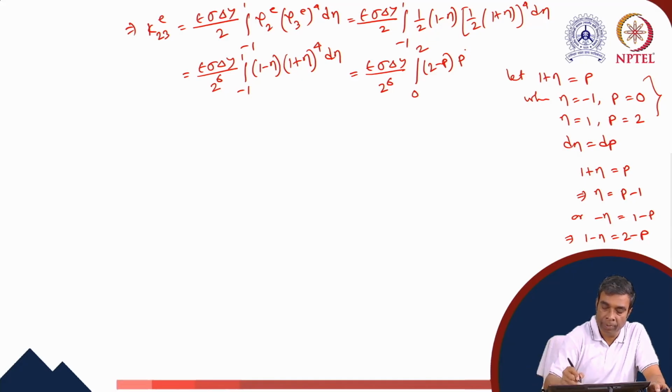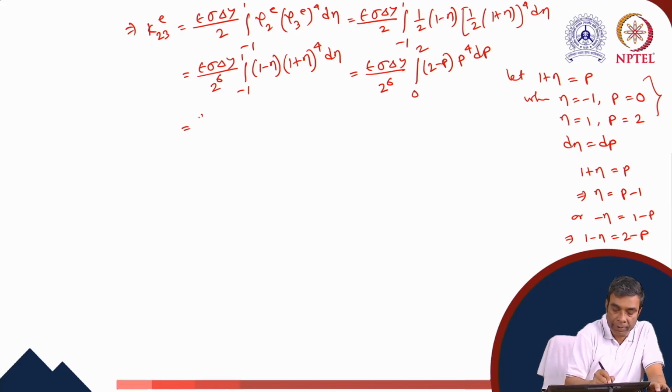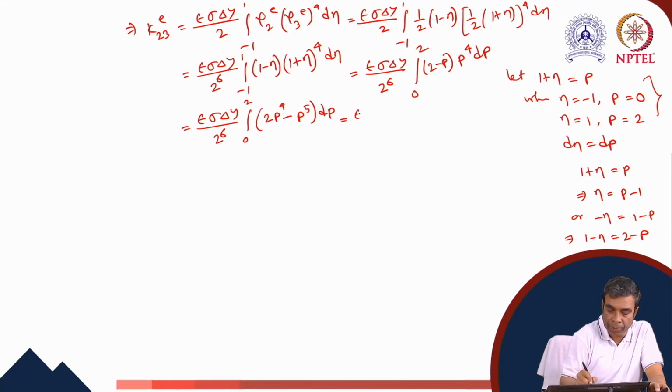So this is p to the power 4, and d eta equals to dp. So this we can write as epsilon sigma delta y by 2 to the power 6 into integration from 0 to 2, 2 p to the power 4 minus p to the power 5 dp.